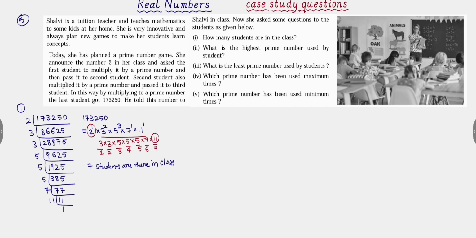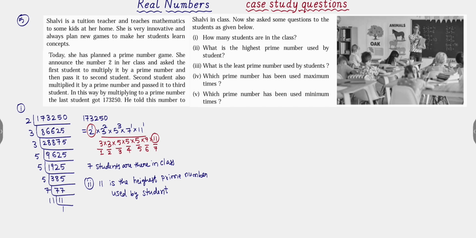So for question number 2, 11 is the highest prime number used by a student.